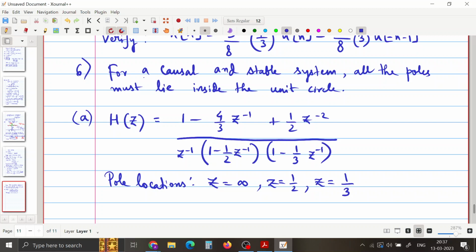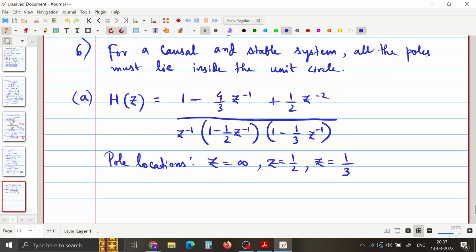So now see what we have written in the first two lines and conclude whether it's a causal system or not. We have found the pole locations. For a causal and stable system, we need all the poles to lie strictly inside the unit circle. But you see, it has infinity in that function, so that's not lying inside the unit circle.